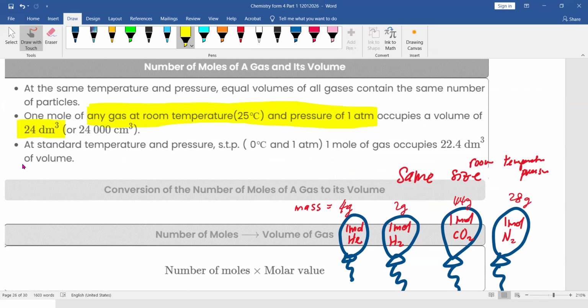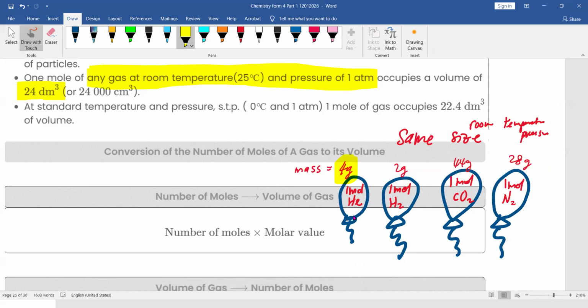Do you know how much is 24 decimeter cube? 1 decimeter cube is 1 liter. This bottle is 2 liter. So 24 decimeter cube is 12 bottles of this. So 12 bottles is one balloon. Can you imagine how big? All the balloons are the same size. This big balloon of helium is only 4 grams. So very light or very heavy?